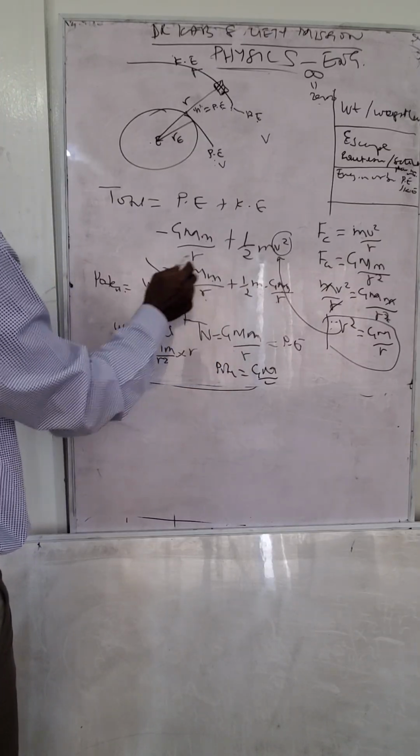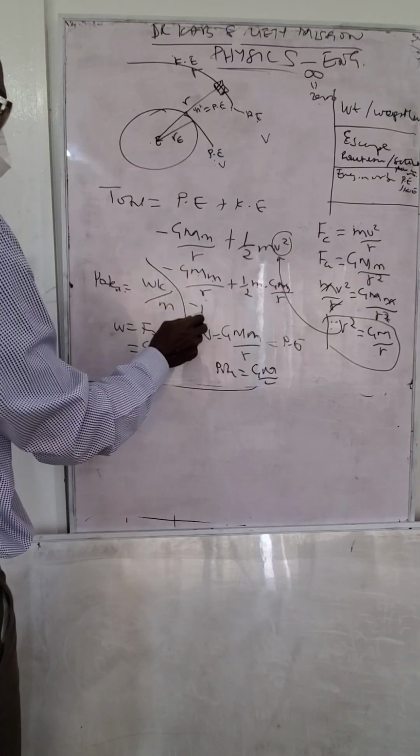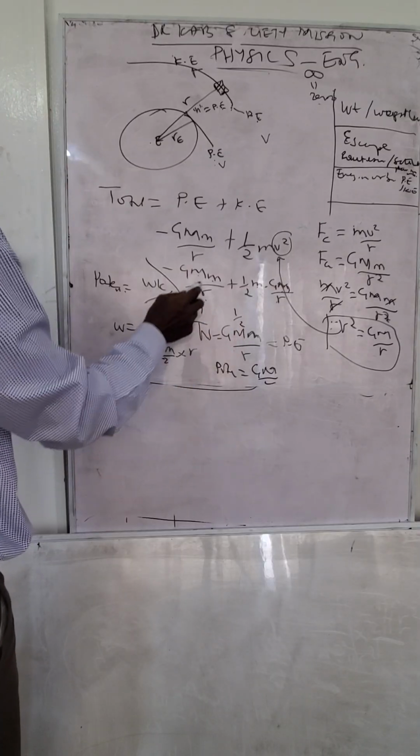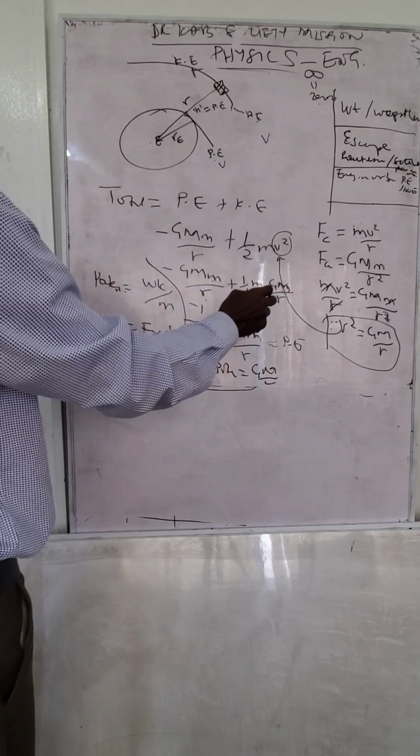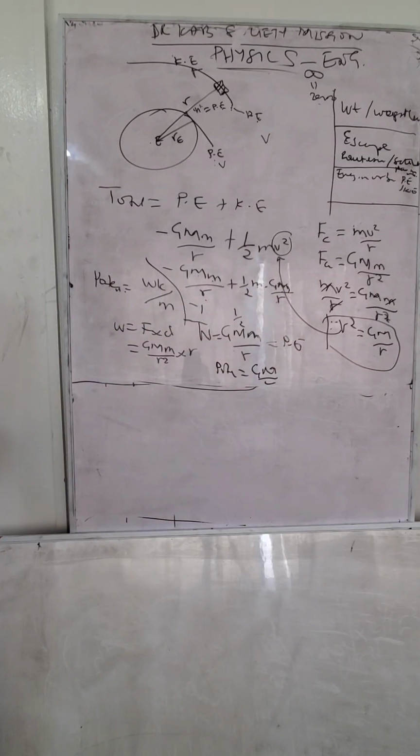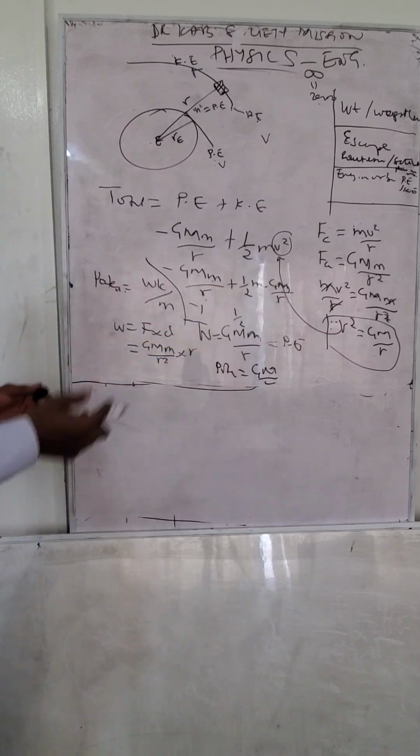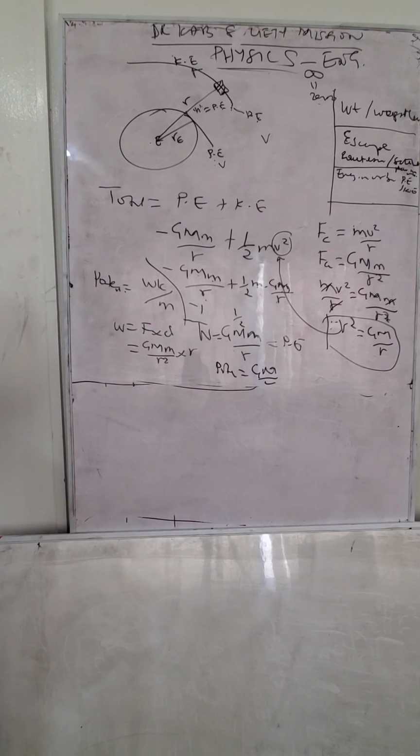So in terms of numbers, this whole thing is like negative 1, and this is like half. So the potential energy is like twice the kinetic energy in terms of quantity. And that's the picture I wanted us to show.